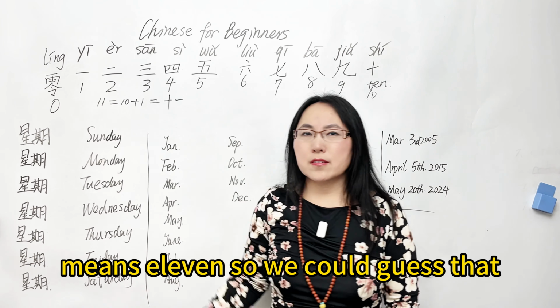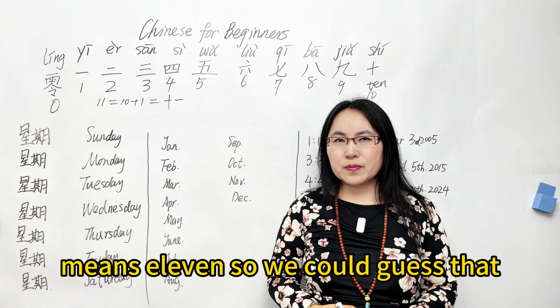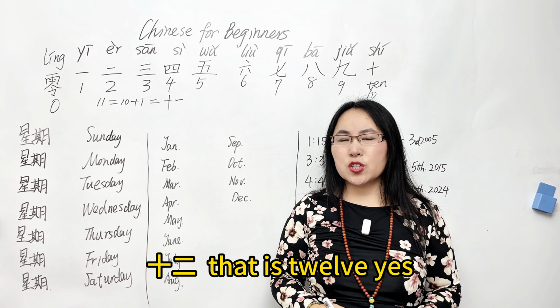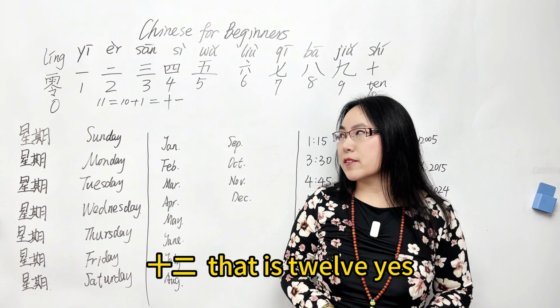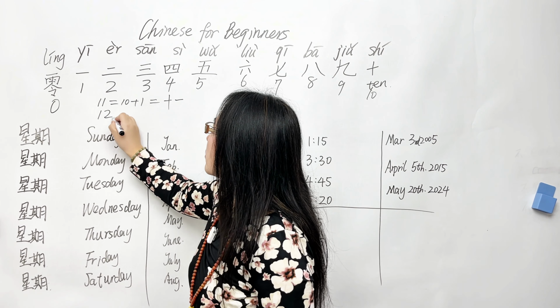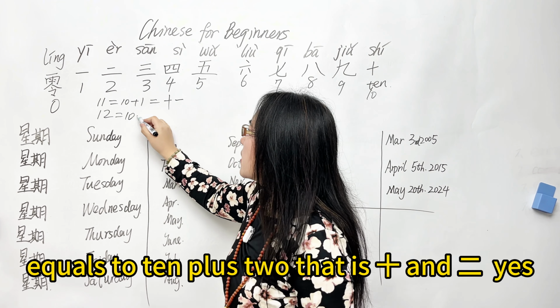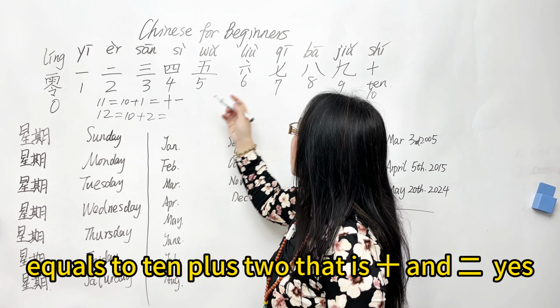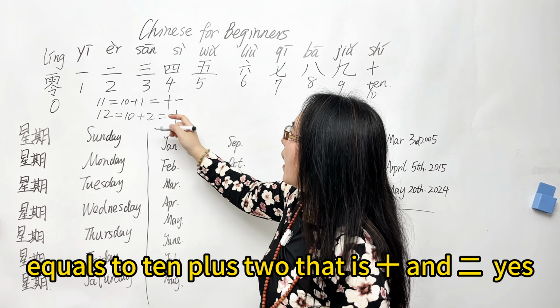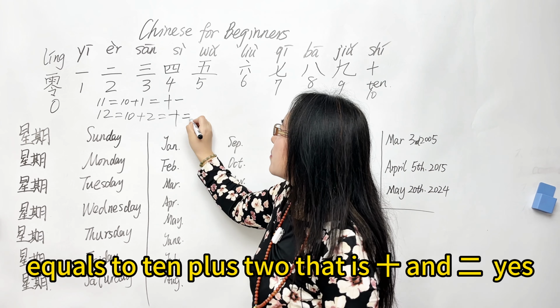11 means 11. So we could guess that 12, that is 12. Yes, 12 equals 10 plus 2, that is 10 and 2.